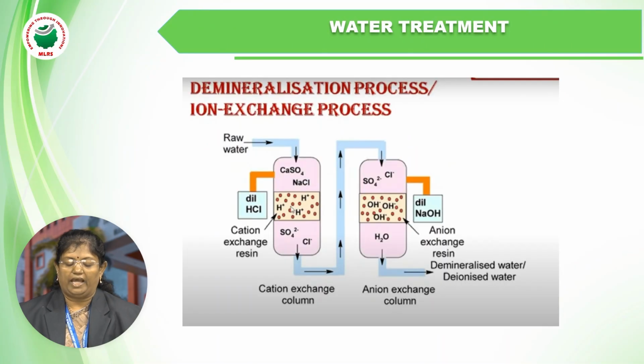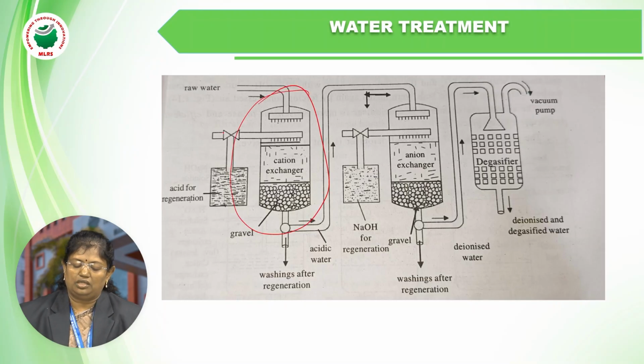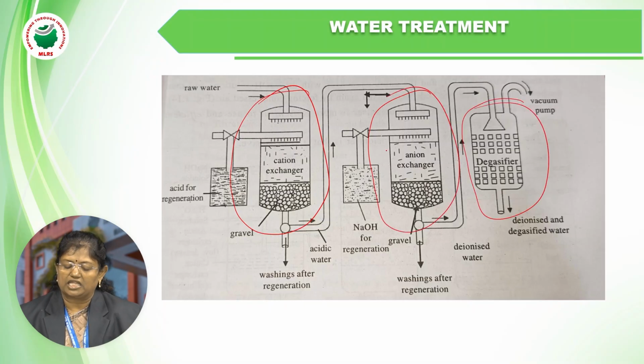Now, this is the diagrammatic representation of the demineralization or deionization process. Here the column consists of 3 chambers. Now, let us discuss the plant for the ion exchange process. Here it is a cation exchanger, this is the anion exchanger and this is a degasifier.